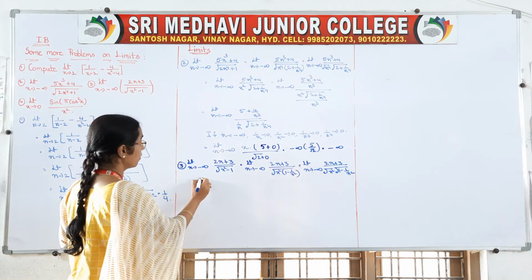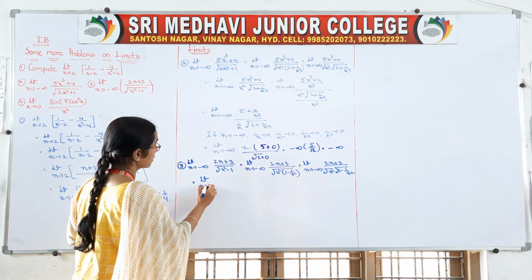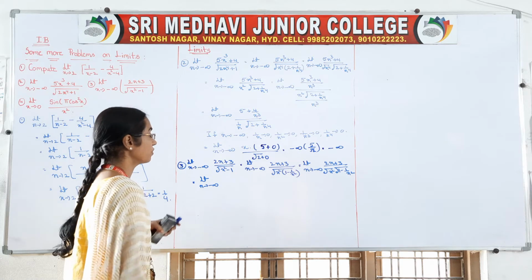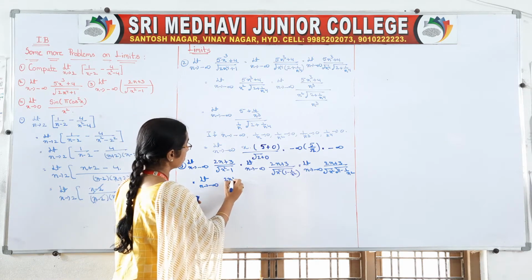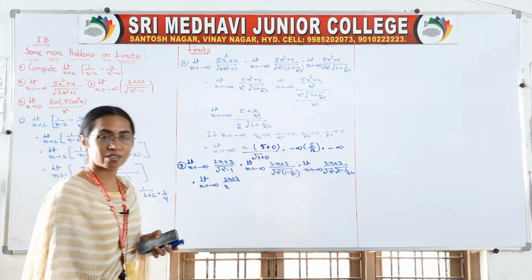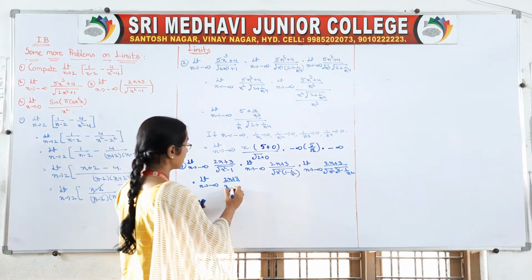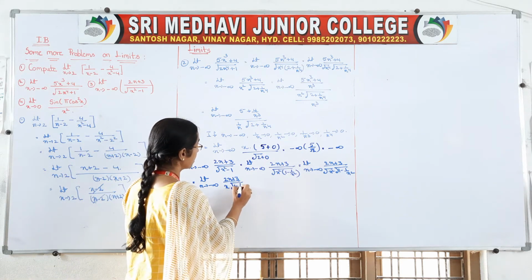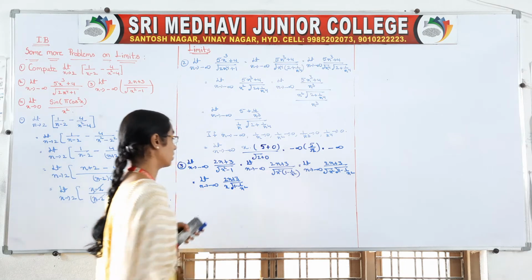Okay. Then you will have limit x tends to minus infinity 2x plus 3 by, root x square is x. Square root will get cancelled by 1 minus 1 by x square.